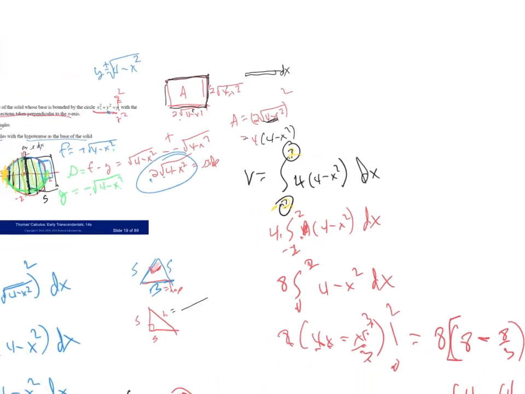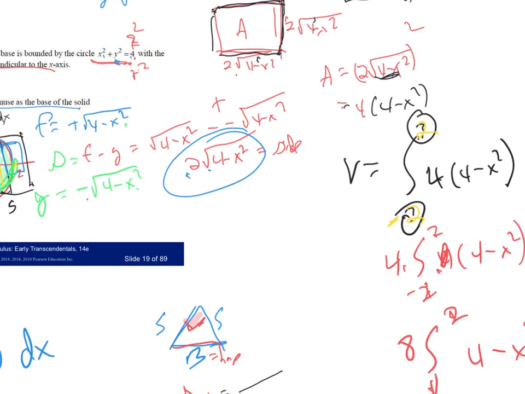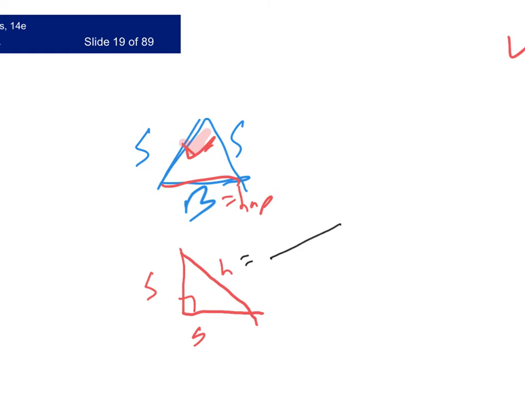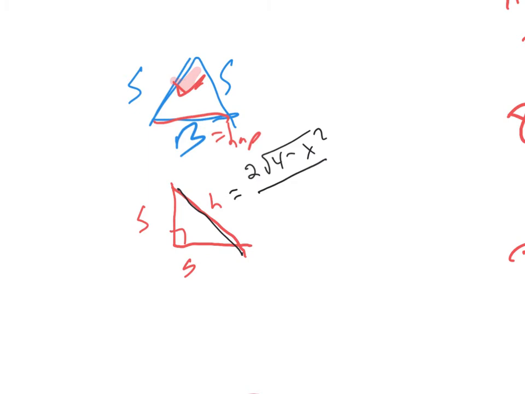I wrote it down several times. What was the side? 2 times the square root of 4 minus x squared. So every single time this hypotenuse is 2 times the square root of 4 minus x squared. But what are these sides going to be?